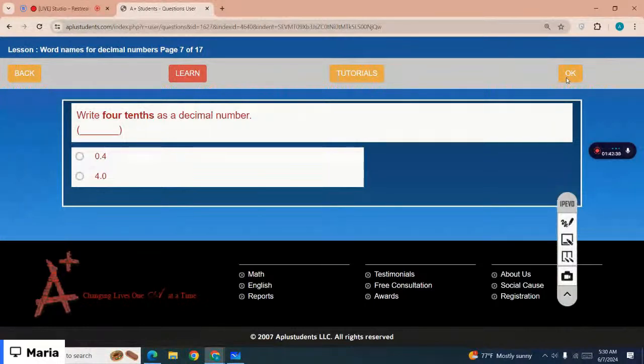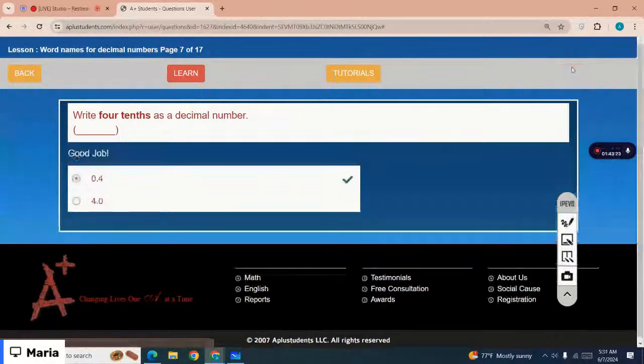So which is the correct option? That is 0.4, right?